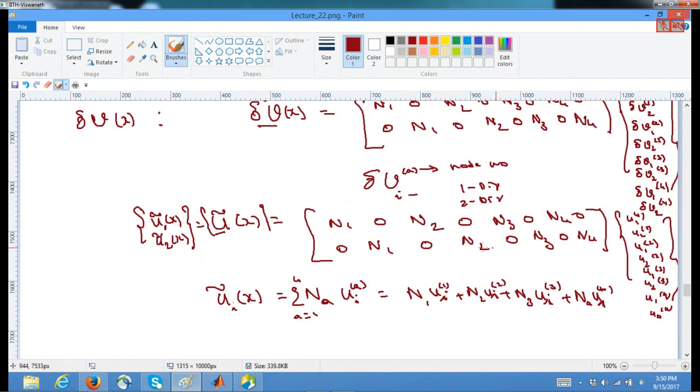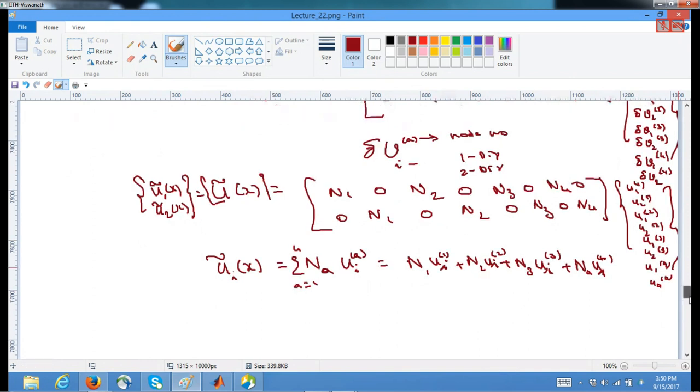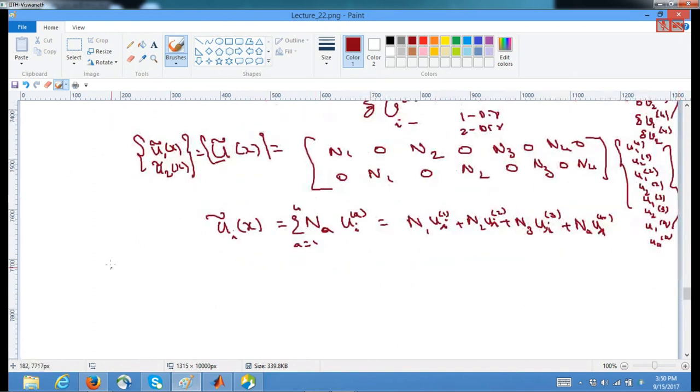Similarly, if we are doing the second one, this would give the same thing. So unlike one dimensional, it's the same thing, but we rewrite it in a little bit different form. This I call capital N. So I simply write my shape functions, u tilde of x, as a big N times u bar, because this is my degrees of freedom.